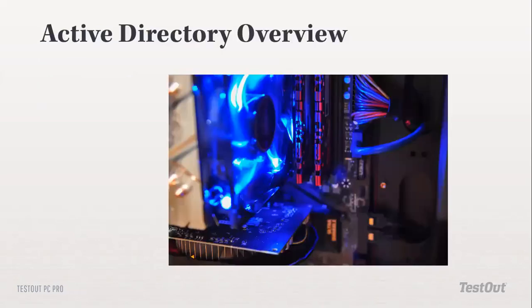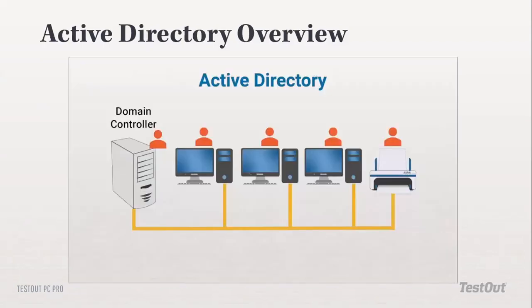So summarily, we just explained what a work group is and what a domain is. Now, what is an Active Directory? An Active Directory is just an overall overview of what we just talked about, but a whole lot bigger implementation.